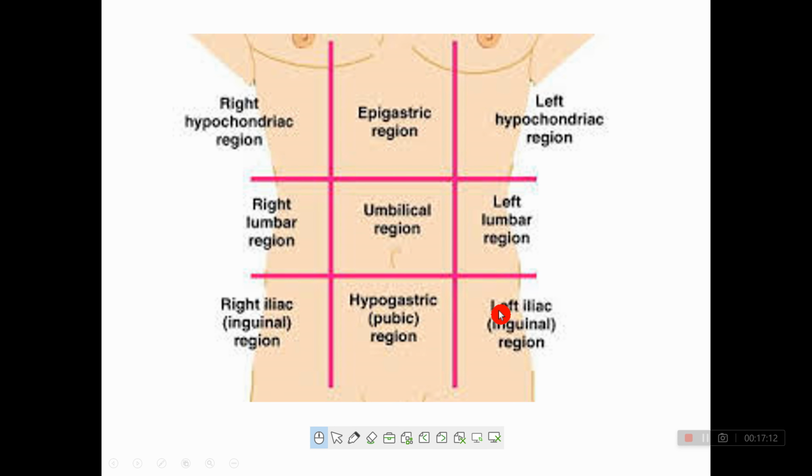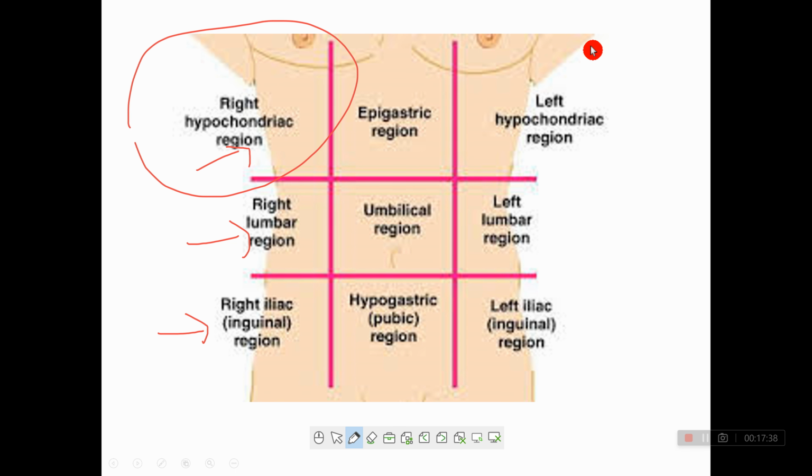Moving on. Your abdominal region is divided into 9 cavities, right? There are 9 divisions of the abdominal region. In this picture you can see the names of the different regions of the abdomen.